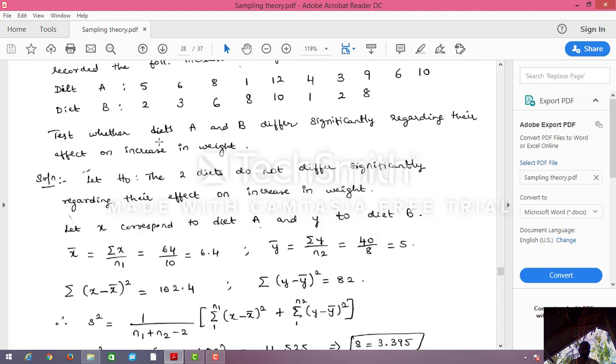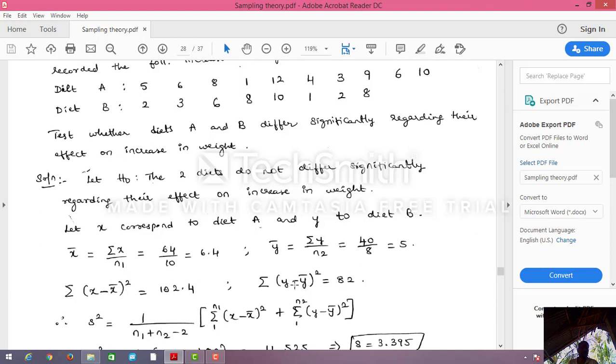Now what I will do here is, 5 minus 6.4 whole square plus 6 minus 6.4 whole square plus 8 minus 6.4 whole square plus 1 minus 6.4 whole square plus 12 minus 6.4 whole square plus 4 minus 6.4 whole square plus 3 minus 6.4 whole square plus 9 minus 6.4 whole square plus 6 minus 6.4 whole square plus 10 minus 6.4 whole square. You can add all that and you will get the sum as 102.4.